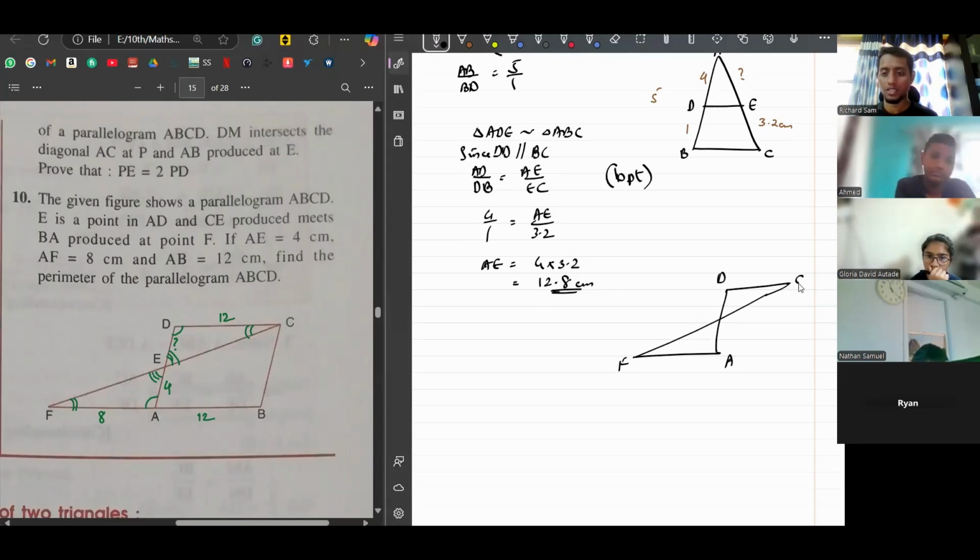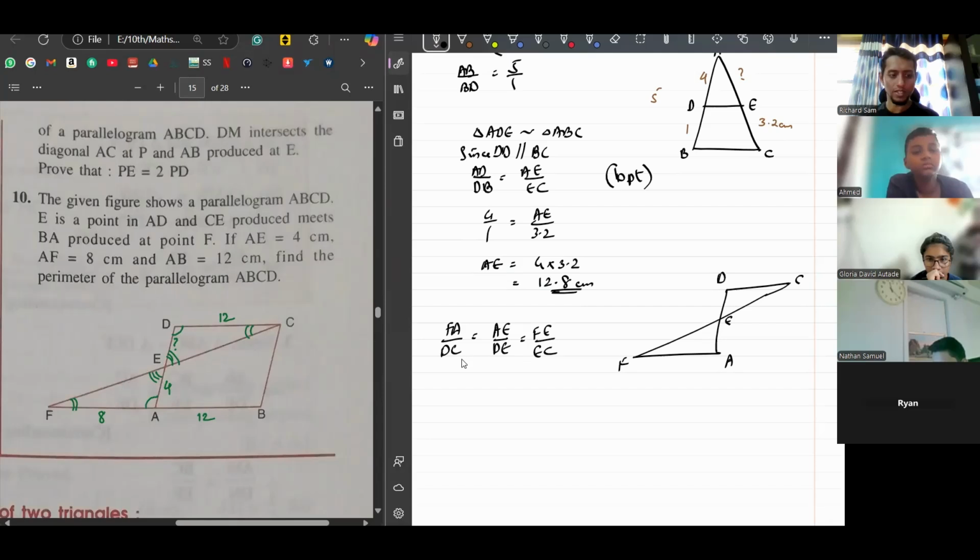DC. So you can write FA upon DC is equal to, which is the next set of corresponding sides? AE upon DE. And the next set? FE upon EC. So these are the three sets of corresponding sides. They are proportional to each other.